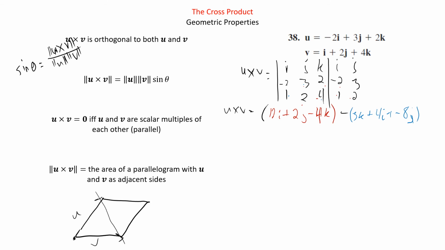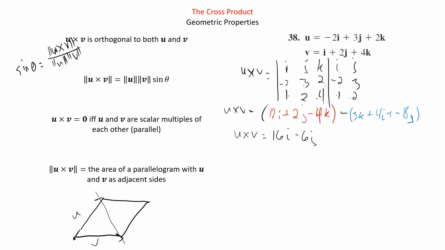We can combine our like terms. U cross V, we have I's, we have 12I plus 4I is 16I. J's, 2J minus 8J is minus 6J.